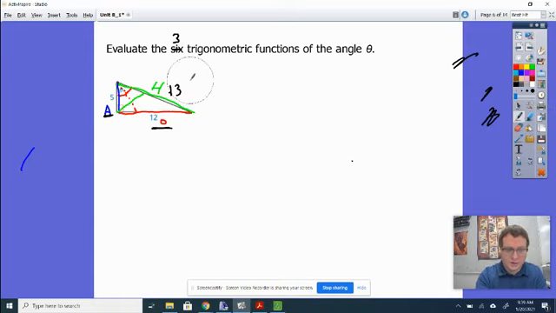Actually, let me put that in the right color, so there's no confusion. Okay, so sine of theta is equal to the opposite over the hypotenuse.